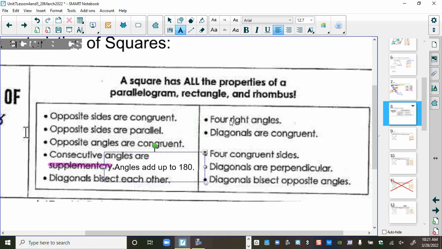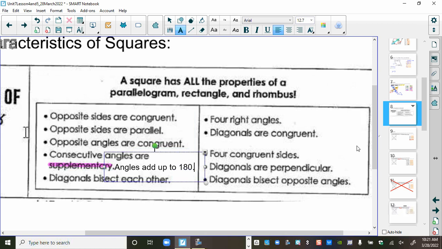Diagonals bisect. Diagonals in this case are congruent. They form 4 right angles, 4 congruent sides, perpendicular, bisect opposite angles. So basically with squares, everything's going to be basically congruent. Diagonals, perpendicular, congruent, bisect each other.